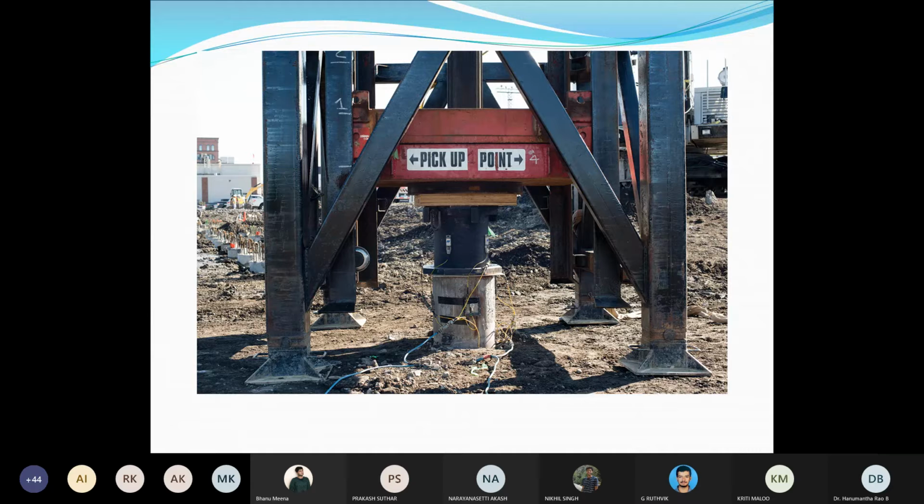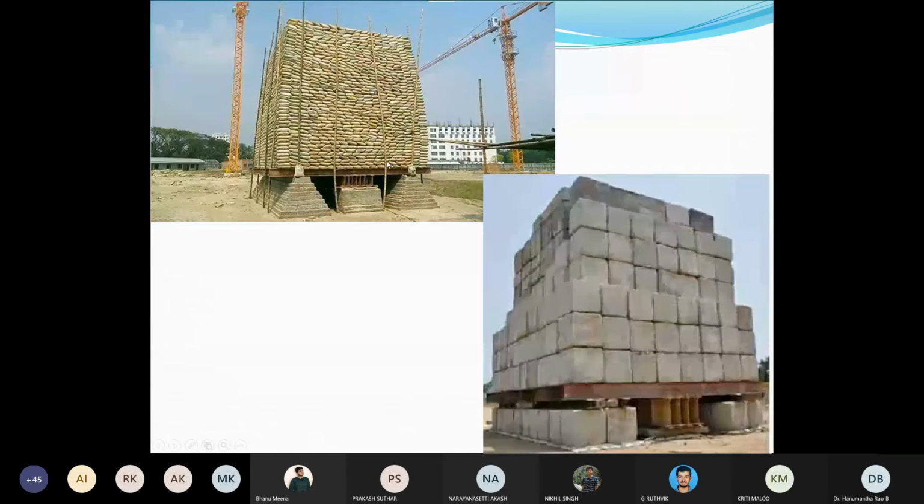As you progress the application of the compressive load, you see how the pile is undergoing settlement depending upon the soil type. The pile load test is done in every kind of soil wherever you are prescribing the pile type of foundation. This is the typical sandbag pile load test and concrete pile load test.